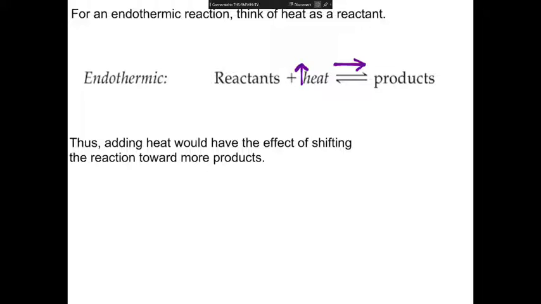And again, a lot of the problems are just going to say delta H is greater than 0. That's going to be their code for telling you, hey, this is endothermic. Anybody need more time now? All right.